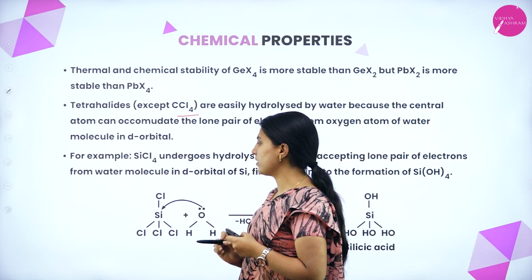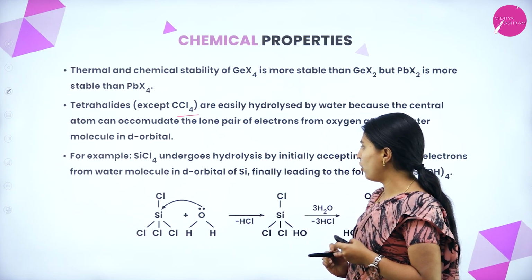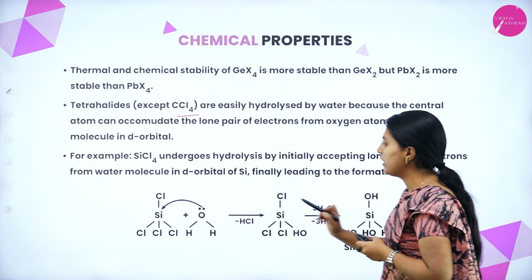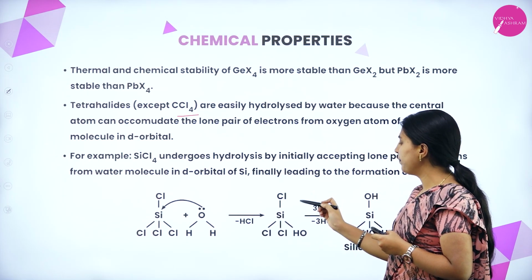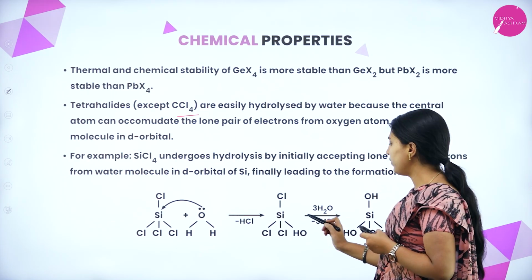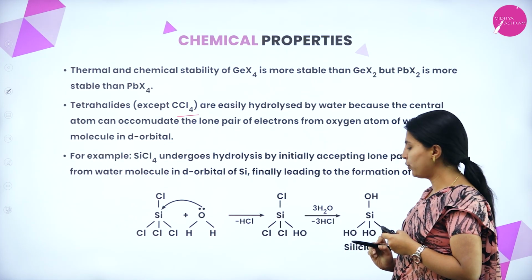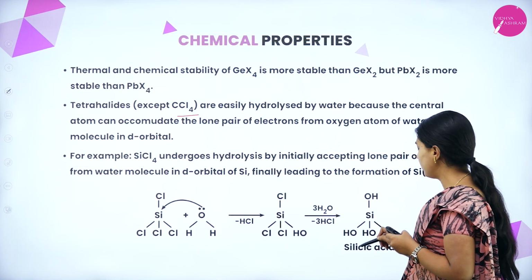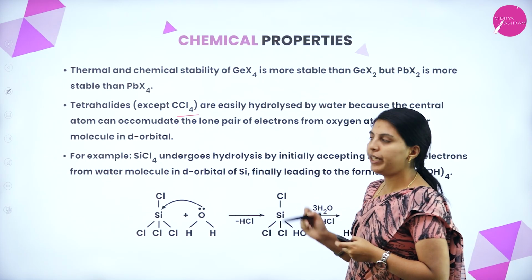The hydrolysis takes place from the water molecule in the d orbital of silicon, finally leading to the formation of silicon hydroxide. Here HCl will be removed; when treated with water, 3 HCl molecules will be removed and silicon tetrahydroxide or silicic acid will be formed. How is that d orbital involved?